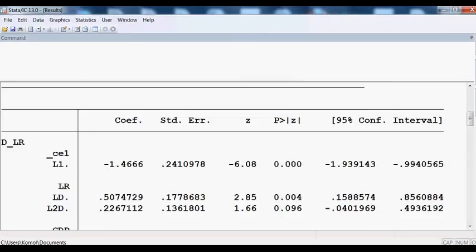because this one is actually part of the whole system model. We can also check the whole system model, whether it has serial correlation or not.